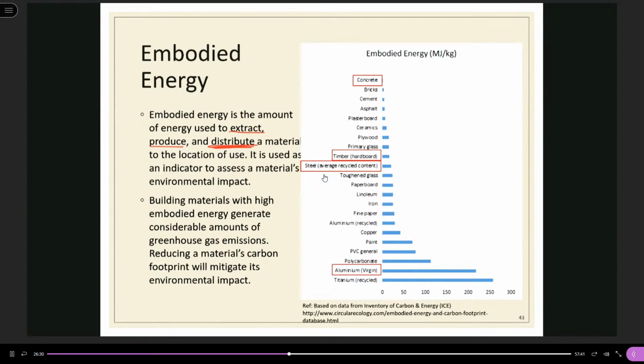So if the material is manufactured, it is produced locally, then the embodied energy will also be smaller. Okay, so this graph will only give you a reference. So aluminium, high embodied energy, and then steel, timber, and concrete. This is just an example for the embodied energy, and the unit is megajoule per kg.